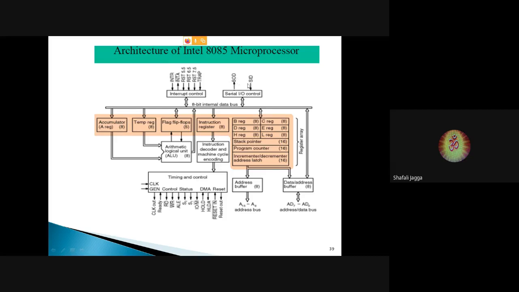So what is the difference? If I say the accumulator is loaded with 40H, 40H means 01000000. This 8-bit data will come through the data bus and be loaded into the accumulator, because these 8 bits are coming together in parallel. So we say this is parallel communication.